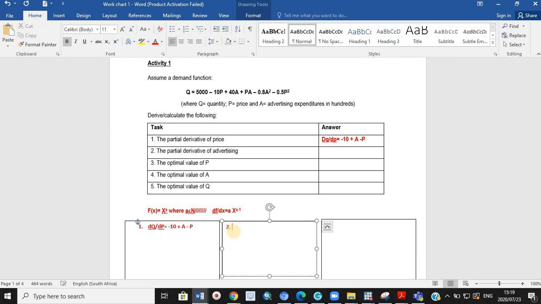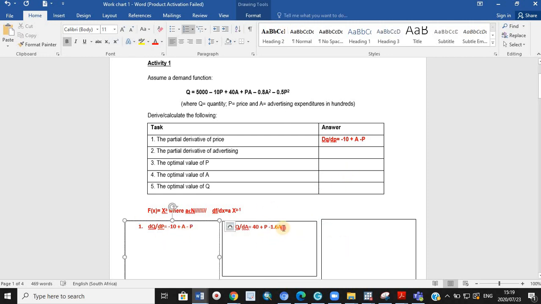We get the derivative of q with respect to a. The same rule applies. This is 0, this is 0, it's going to be 40, plus p, minus 1.6 a.